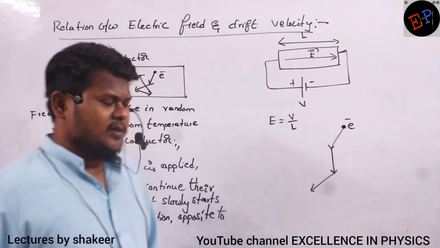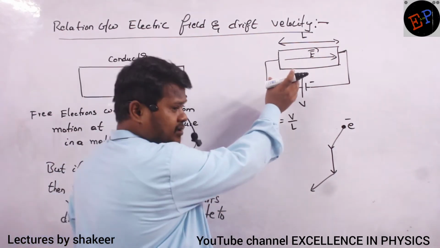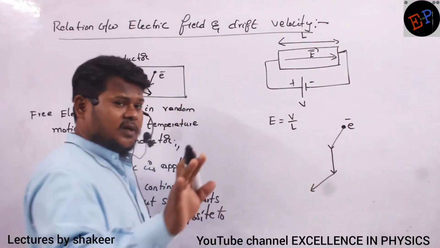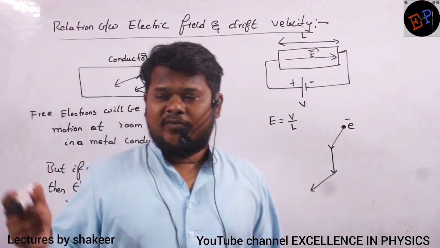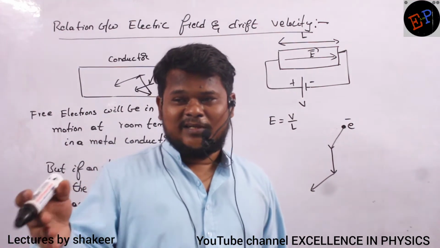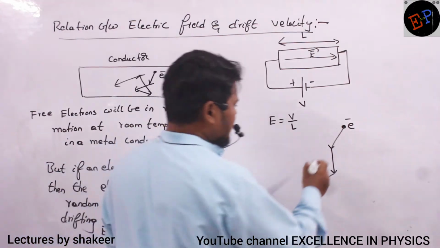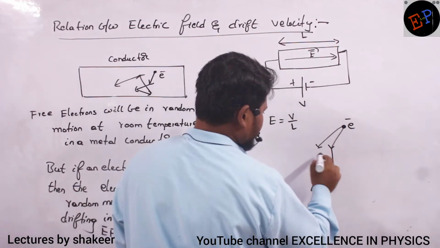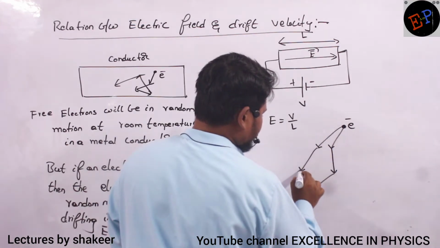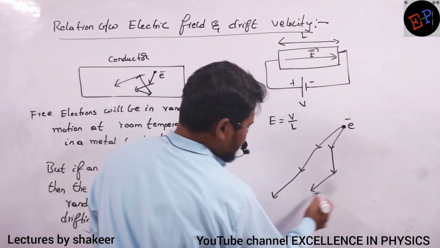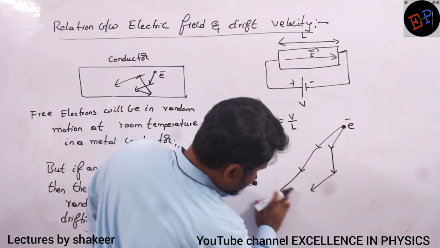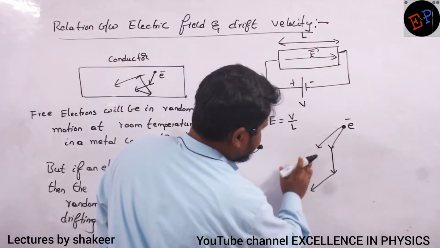But if I immediately apply the electric field, the random motion will still continue. It will not go straight just because the electric field is applied. It will continue its random motion, but in the process it starts drifting in the direction opposite to the direction of the electric field.